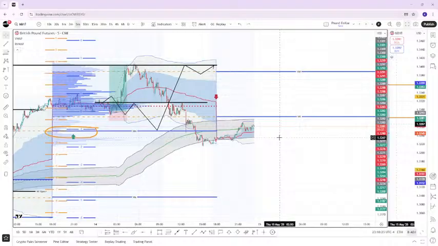Okay, cool. Got value area high, value area low.